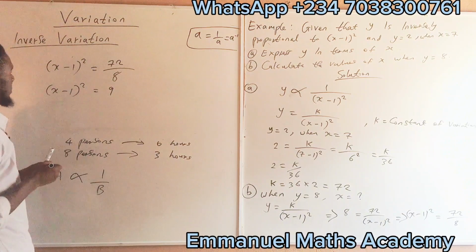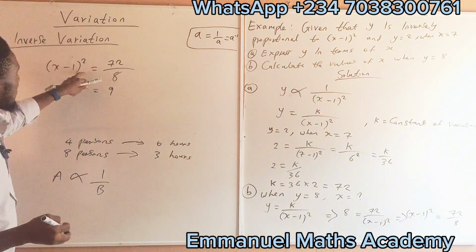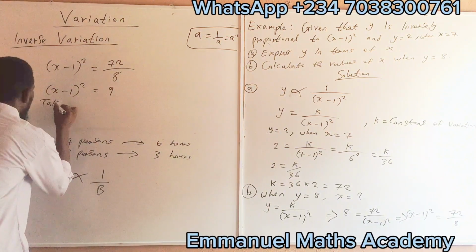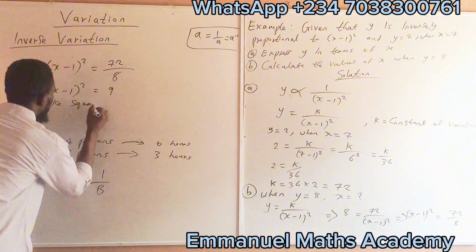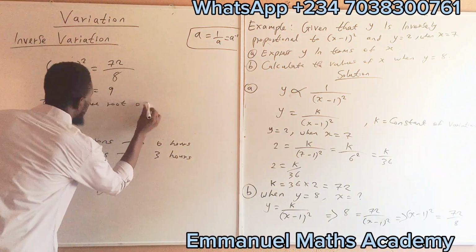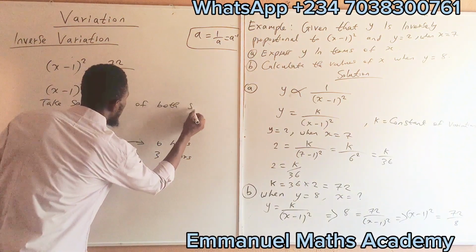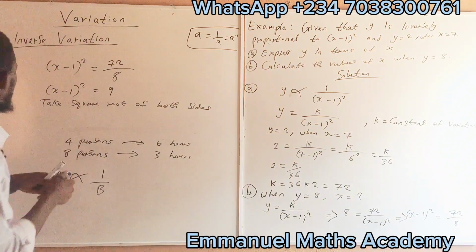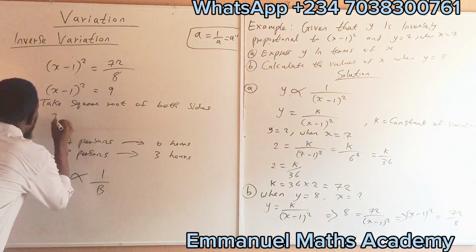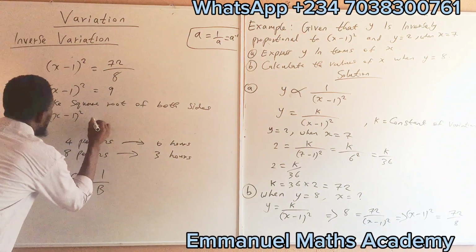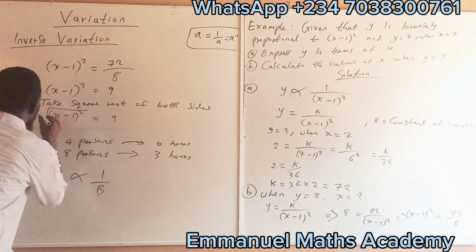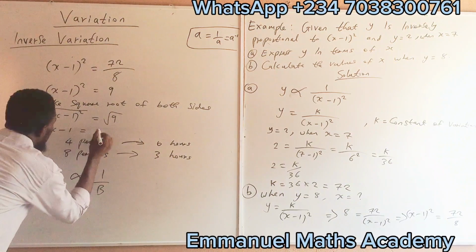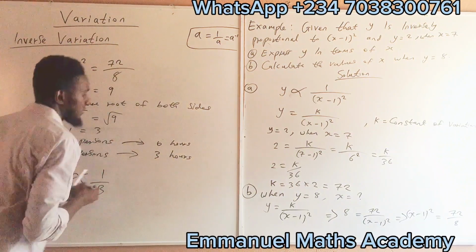Is that correct? Now to eliminate this square, you take the square root of both sides, right? Now taking the square root of both sides, you have that x minus 1 is equal to the square root of 9, which gives you 3, right?